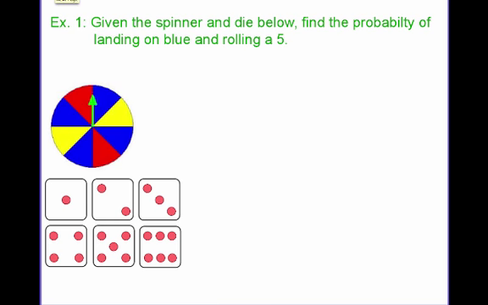Alright, let's do another example. Given the spinner and die below, find the probability of landing on blue and rolling a 5. So I'm trying to find the probability of blue and then getting 5. To find the probability of getting blue, I take my number of blue sections, which is 4, divided by my total number of sections, which is 8. 4 eighths reduces to 1/2.